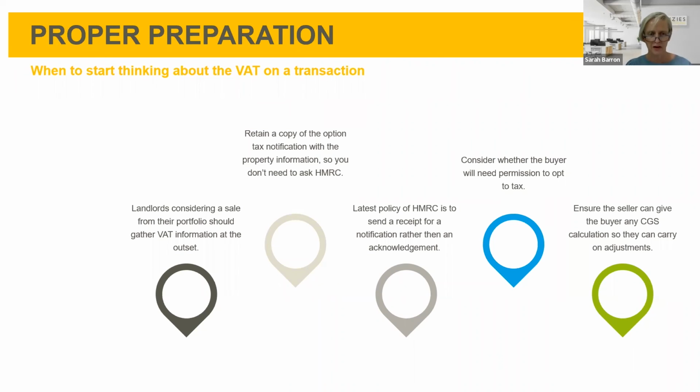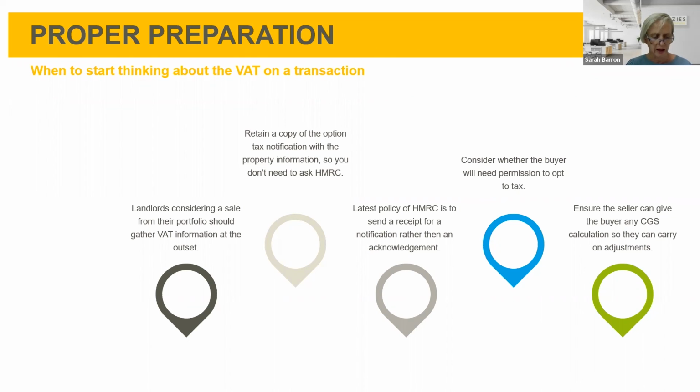At the start, when you start thinking about selling a property or a portfolio, gather all the information right from the outset. Have you got copies of your notification, of your acknowledgement of an option to tax? So to give you a chance to do that, retain the copies when you make the option to tax. Keep those with your property information.